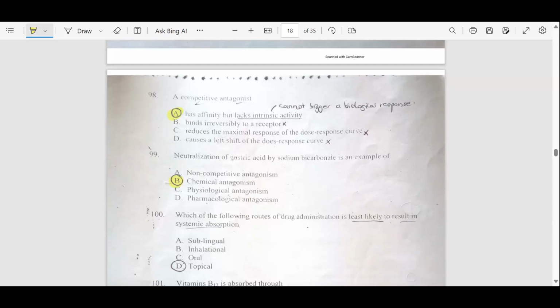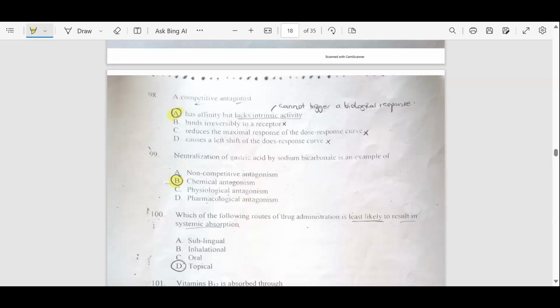Here the drugs are competing for the same receptor, they both have affinity, but they are both antagonists, so competitive. And then non-competitive, uncompetitive, and suicidal. We've talked about that time and time again, so please allow me not to go there again.